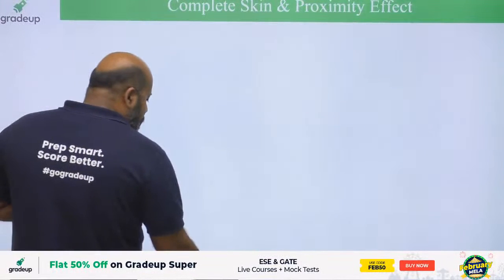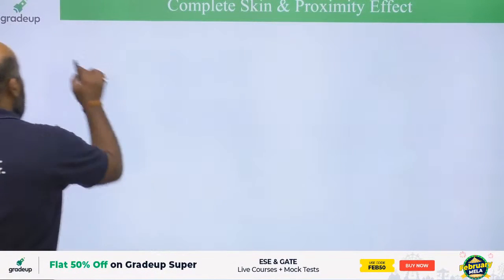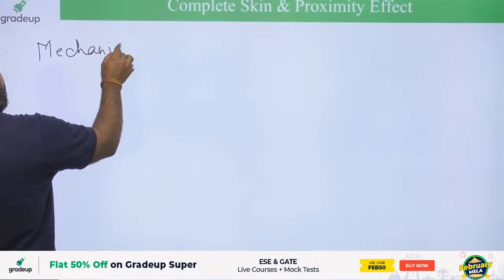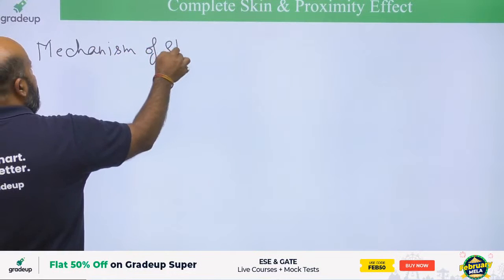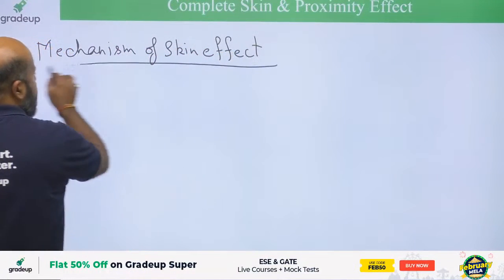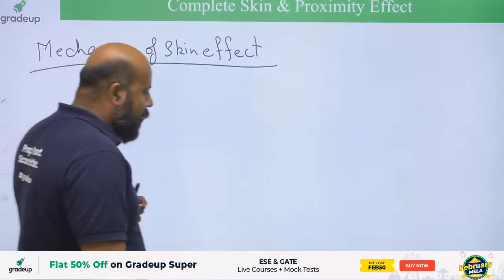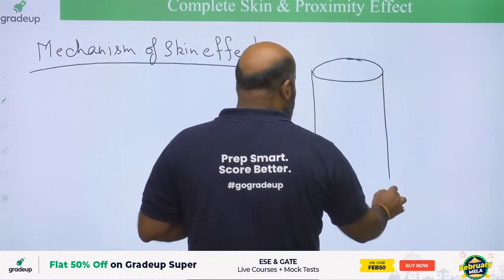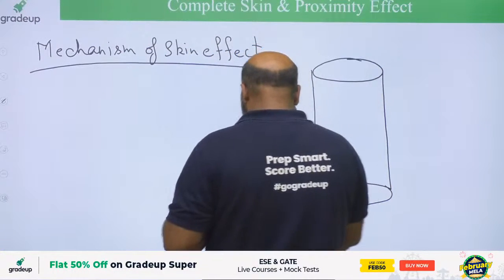Now, my friend, let us try to understand the mechanism of skin effect. How is skin effect going to come into the picture? That is what we want to understand. Suppose we have a conductor like this.